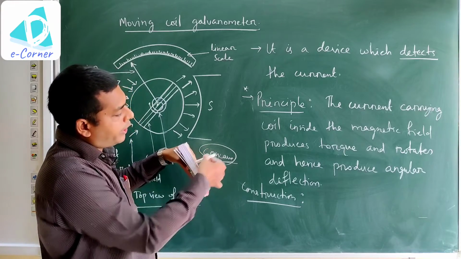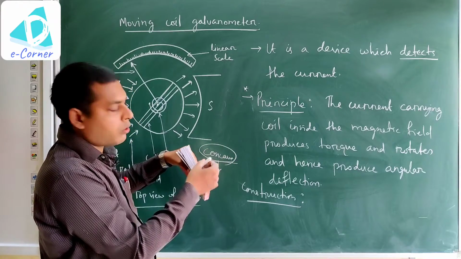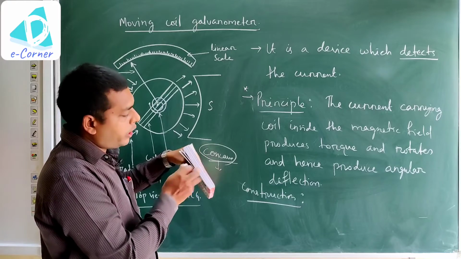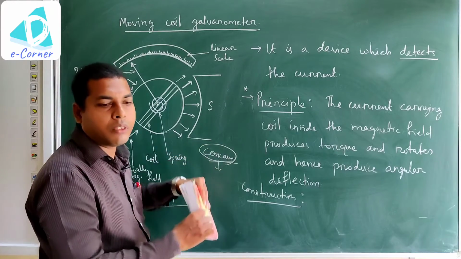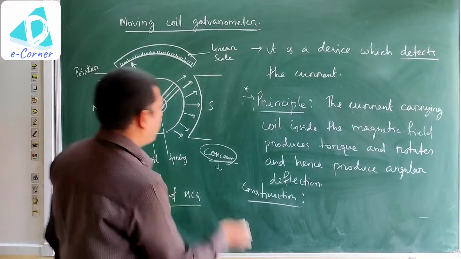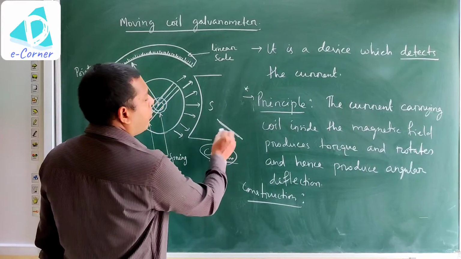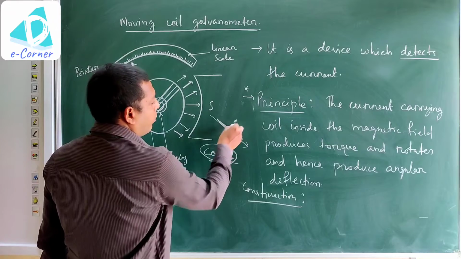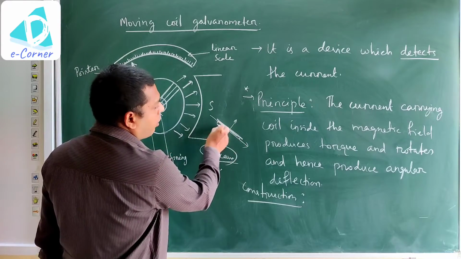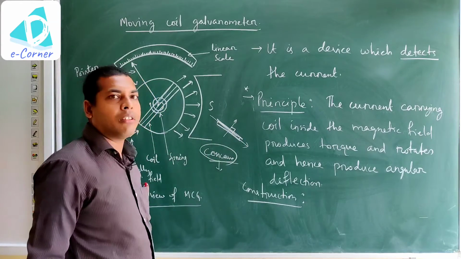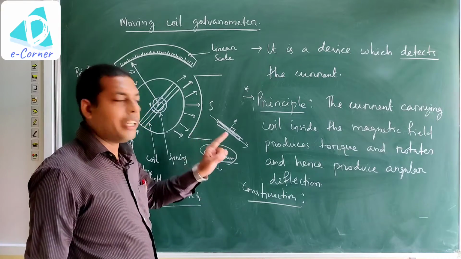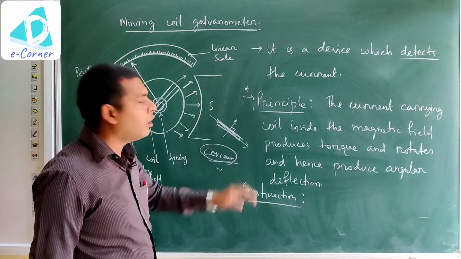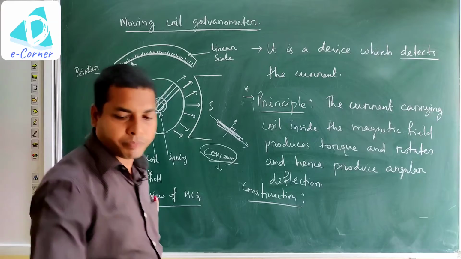Such that the normal to this plane is always 90 degrees to the magnetic field. So the normal of this rectangular coil plane will be 90 degrees, always perpendicular to the magnetic field.